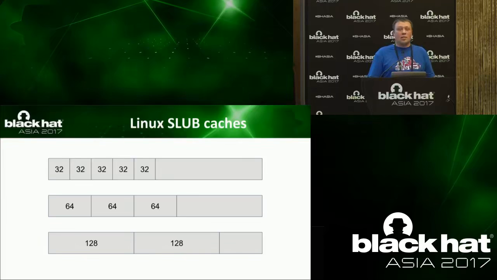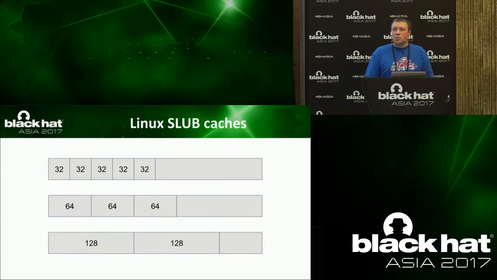If we have slab cache 32, the whole memory region is broken into equal chunks of 32 bytes. If you have slab cache 64, the region is broken into 64-byte chunks, and with slab cache 128, into 128-byte chunks. It doesn't have to be a power of 2; there are sizes in between.